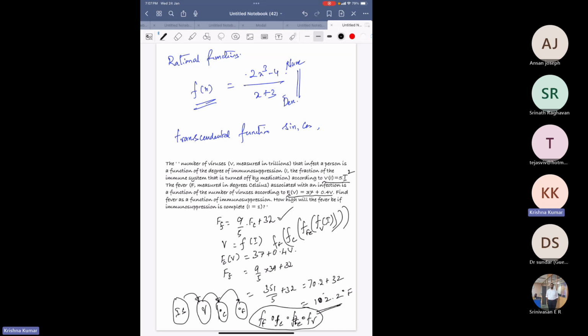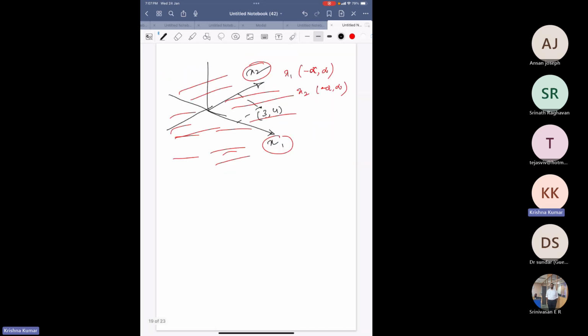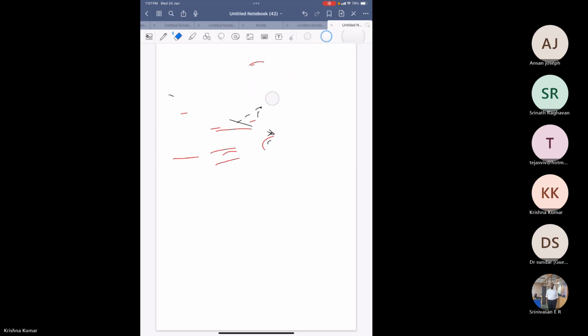So far we had seen what are called algebraic functions. In other words, there were algebraic operations: x squared, x power 1 by 2, and so on. We had looked at functions based on algebraic equations.